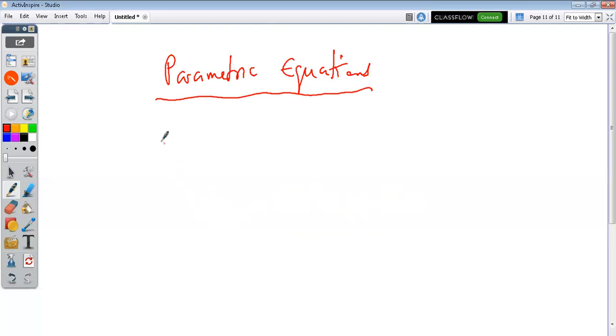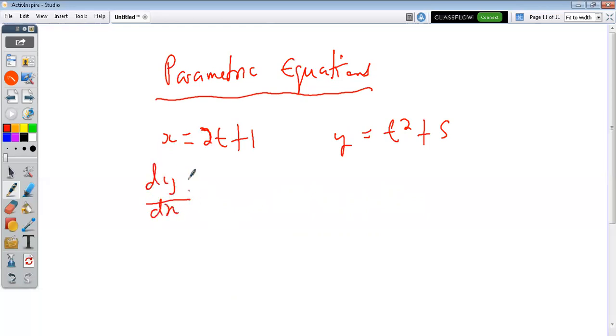If I'm given that the equation of the line has an equation y is equal to 2x plus t, and that this one here is equal to t squared plus 5, that's an example, you can write that down. Then you are asked to find what is dy over dx. That's what we call parametrics.